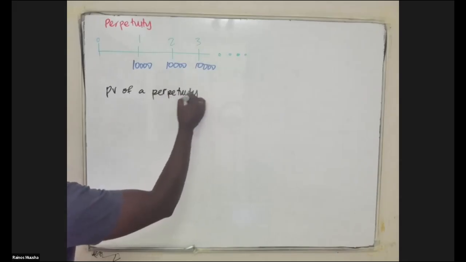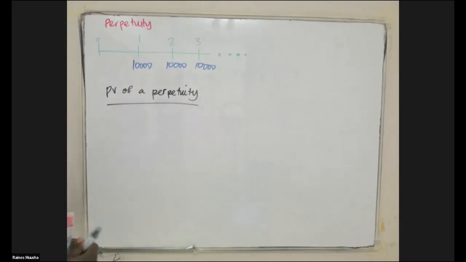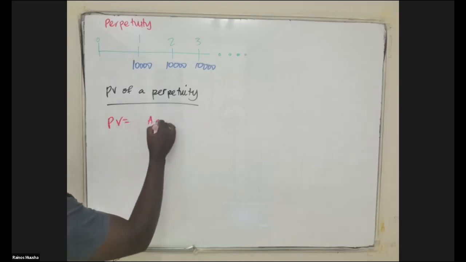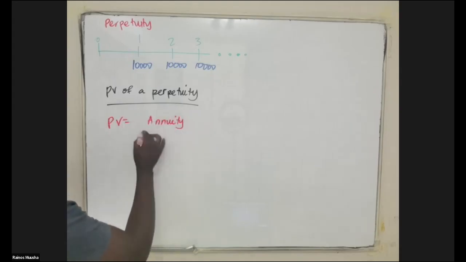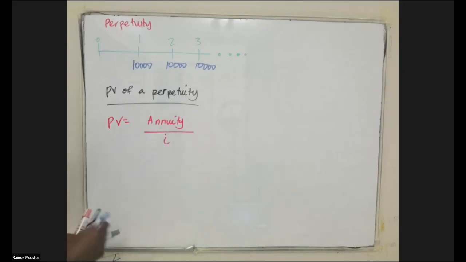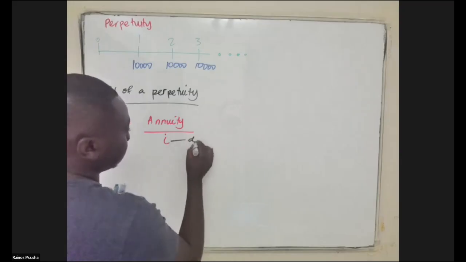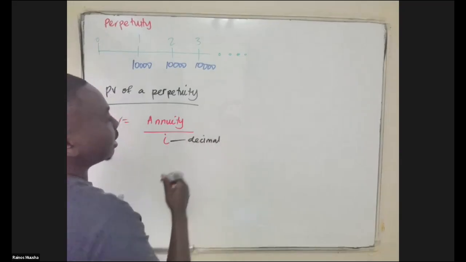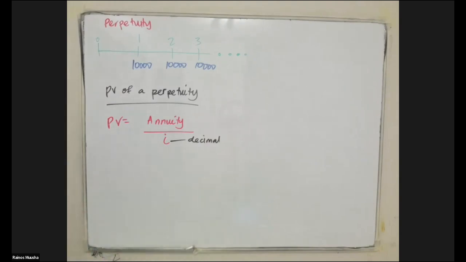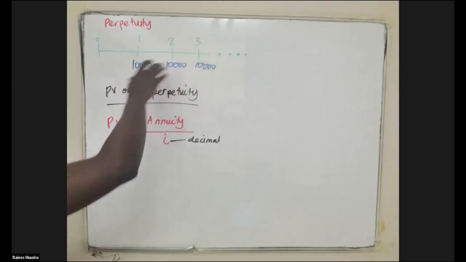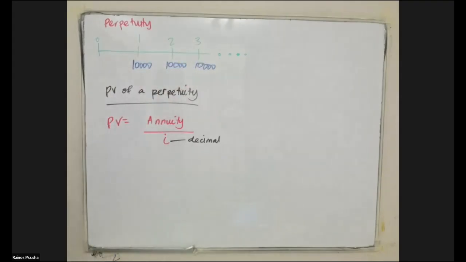With a perpetuity, they will only ask you to find the present value of a perpetuity. And the present value of a perpetuity is given as the annuity divided by the interest. In this case, the interest has to be entered as a decimal. So with the perpetuity, we are discounting this endless stream of cash flows back to present value, assuming the cash flows run forever.